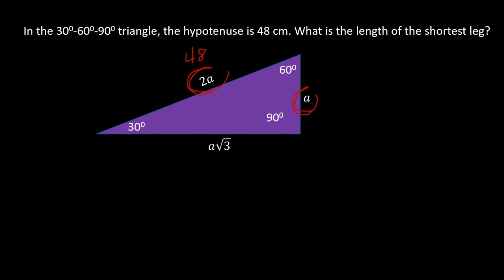So the answer to that question will be the shortest leg here. So that number that if you make it twice becomes 48 is 24. So the length of the shortest leg is 24.